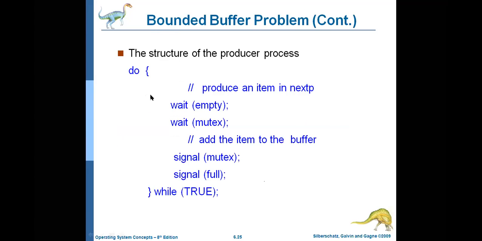Let me explain the problem. The first one is the producer process. What will the producer do? The producer will produce an item to the buffer, so that empty will be decremented. Do you get my point? Observe this line, wait of empty. What is wait of empty? Empty will be decremented.